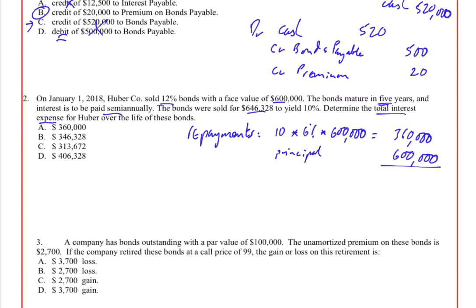So the total repayments are 960,000, and if we compare that with the amount borrowed, which was 646,328, that's what the bonds were issued for, so that's the amount borrowed on day one, the difference is 313,672, so that difference must be interest. The company borrowed about 650,000, they repaid 960,000, the difference is the interest expense over the period, and so the answer is C.